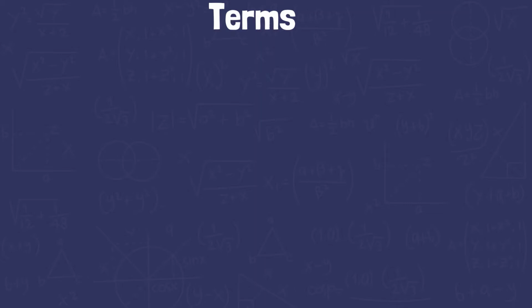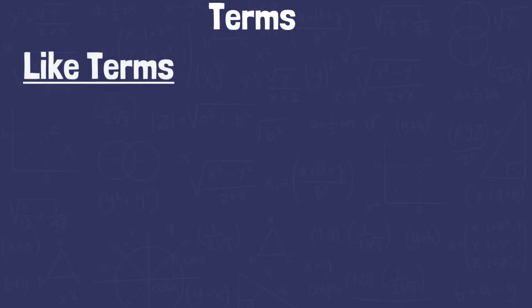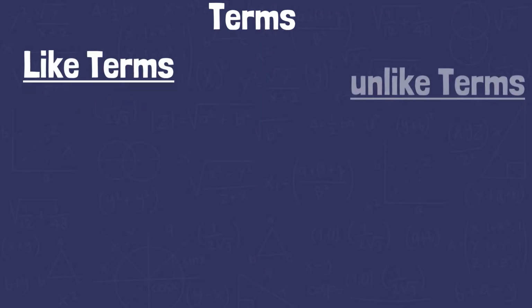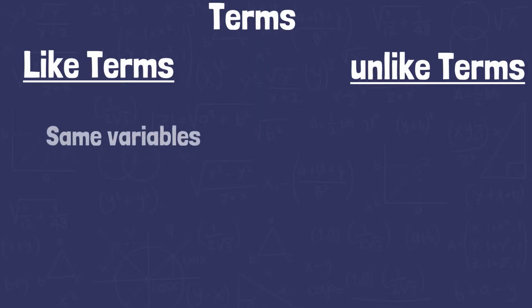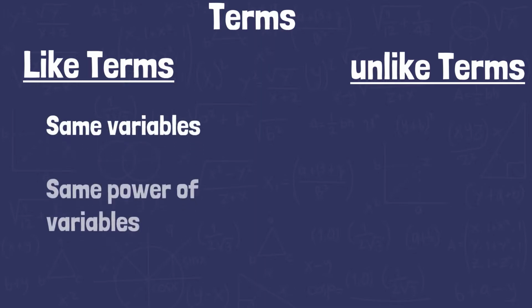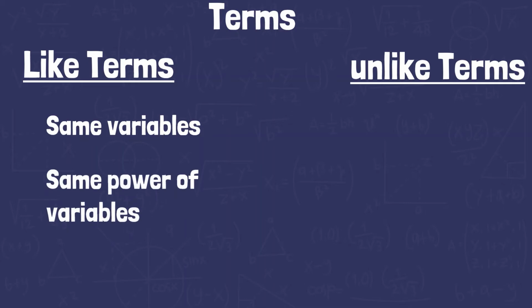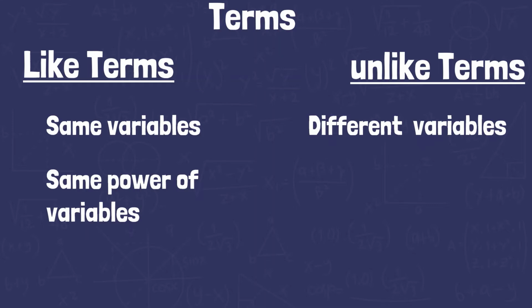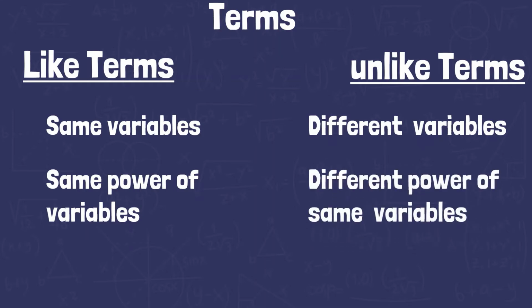There are two types of terms, like terms and unlike terms. Like terms have the same variables, and the powers of the variables are also the same, and unlike terms have different variables. But unlike terms can also have the same variables, only when they have different powers.